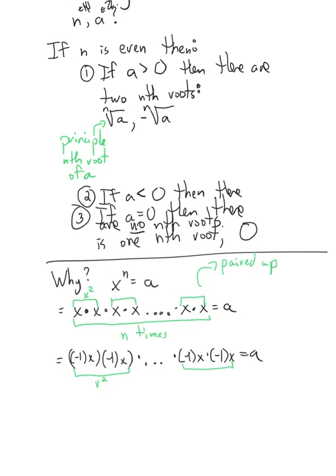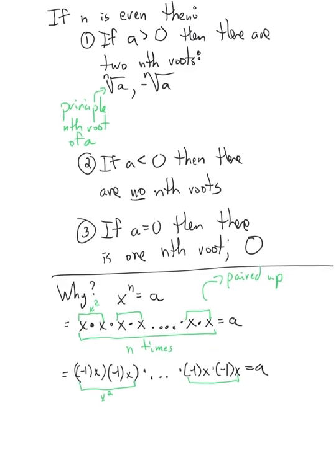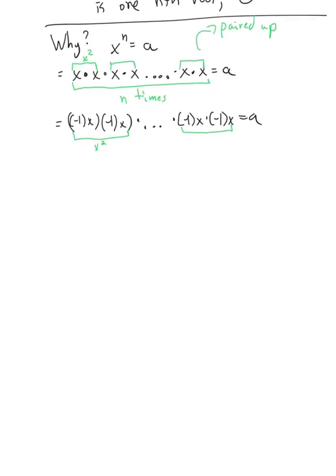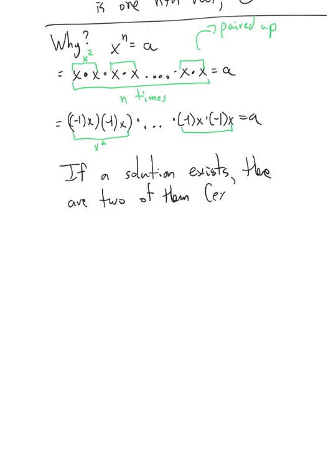So what does that mean? If a solution exists, there are two of them, except 0.